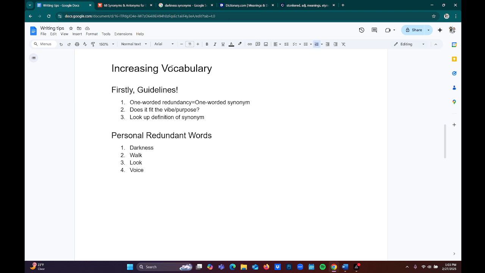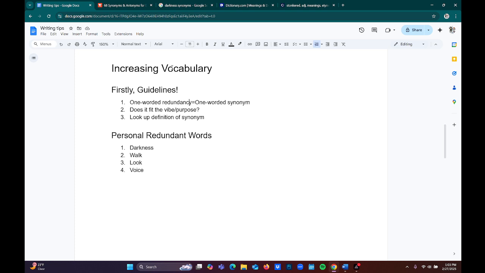So, firstly, what I have in mind are guidelines or rules for myself when I am looking up synonyms, or I'm just looking up a word in general. First thing I keep in mind is if my repeated word, my overused word, is one word, then I want to find a one-worded synonym.